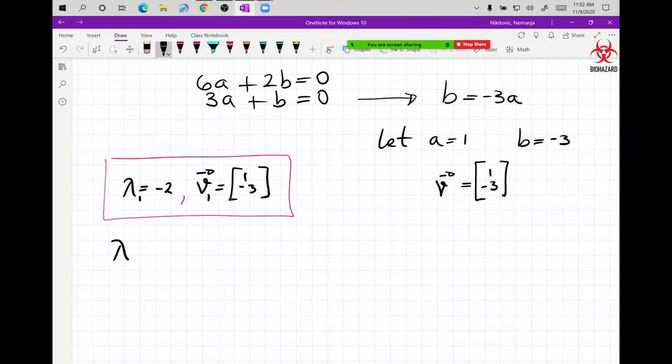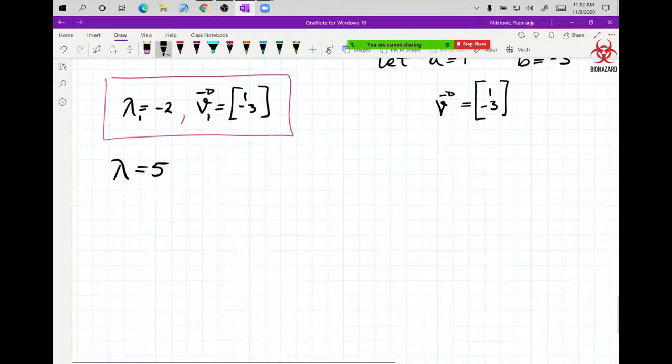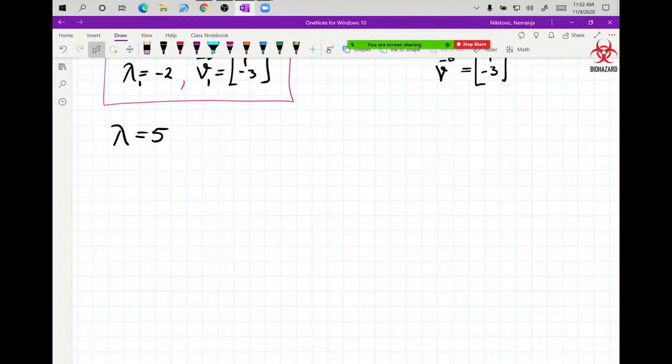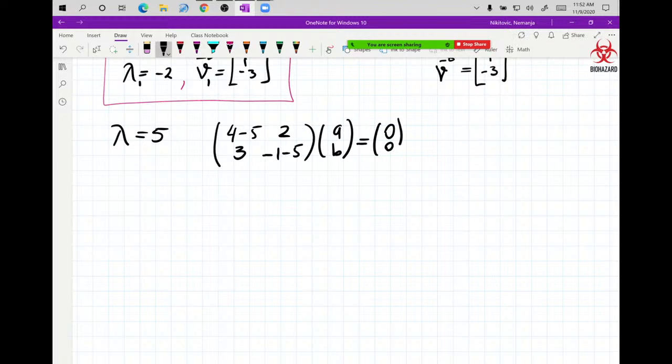Now we rinse and repeat, but now lambda is 5. So we have our matrix of 4 minus 5, and then a 2, and then a 3, and then minus 1 minus 5, times a, b, equal 0, 0. Again, you can use these, whatever.